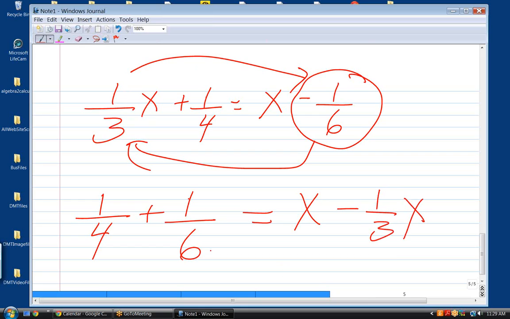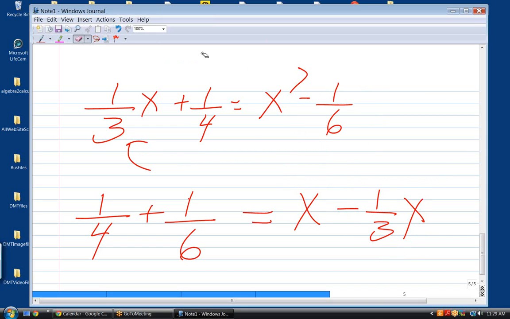Okay? Now, notice that the left side is going to be a positive number because I've got a positive fraction plus a positive fraction. And the right side is going to be a positive number because I've got a whole piece of pie and I'm only taking away 1/3 of a piece of pie. What am I left with?